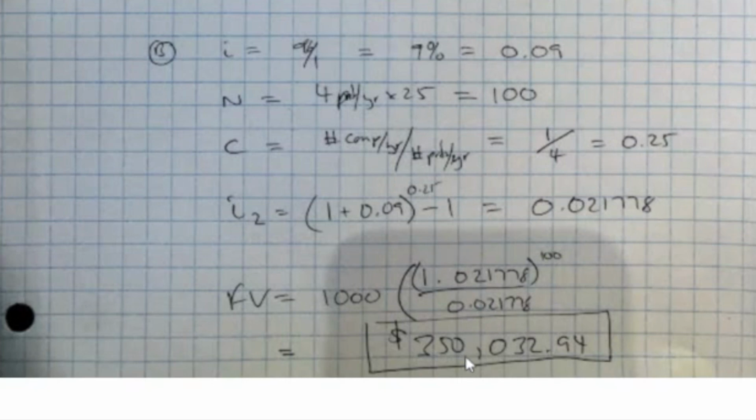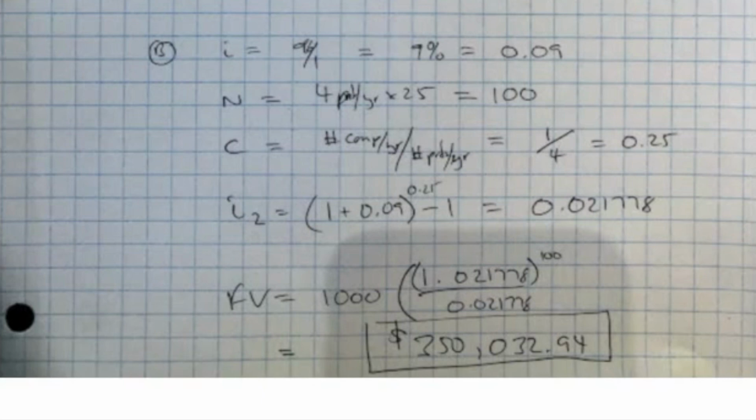Now, once we've done the future value calculation for both of them, here's the future value for the interest rate that involves monthly compounding. If we plug that through the formula, it's $370,918.47.